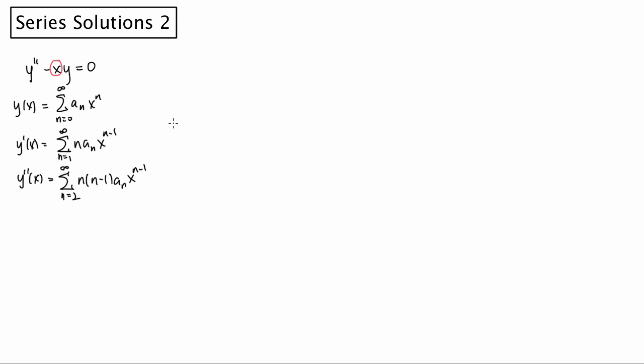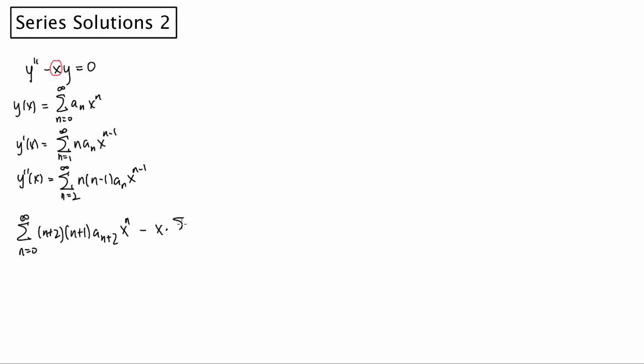Go ahead and write out the variable in terms of y. If we plug it in, we'll start here with the sum, and I'll go ahead and shift the indices here all at once. I want to shift this to be n equal to 0, so we've got the sum n equals 0 to infinity of (n plus 2)(n plus 1) a sub n plus 2, x to the n, minus x times y.